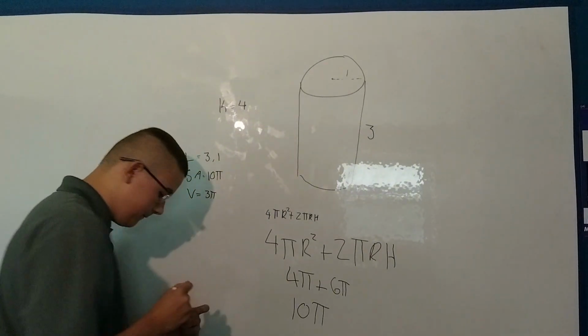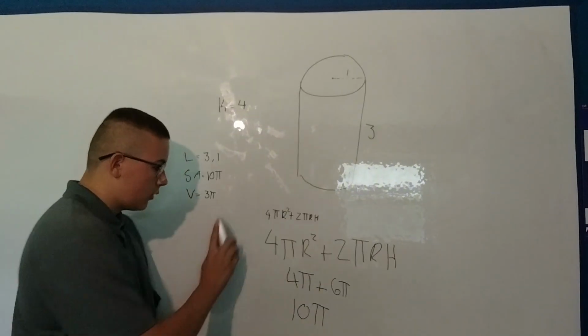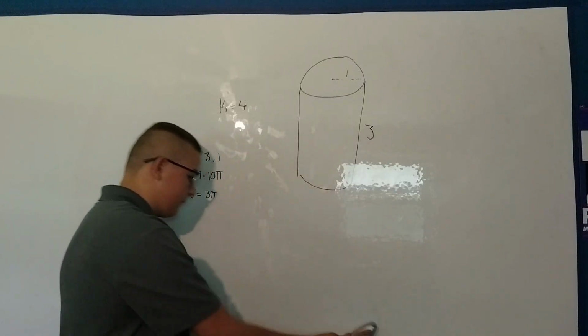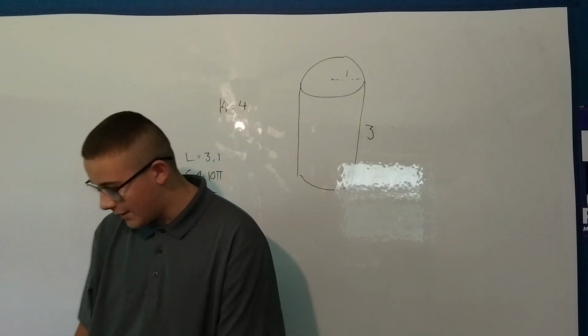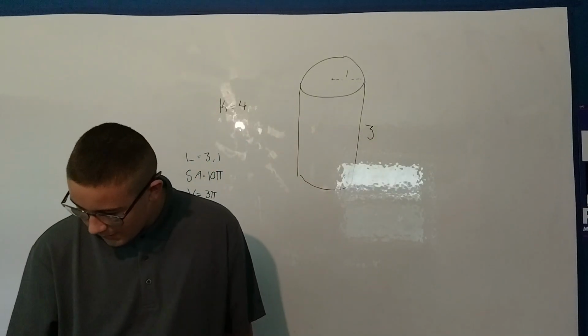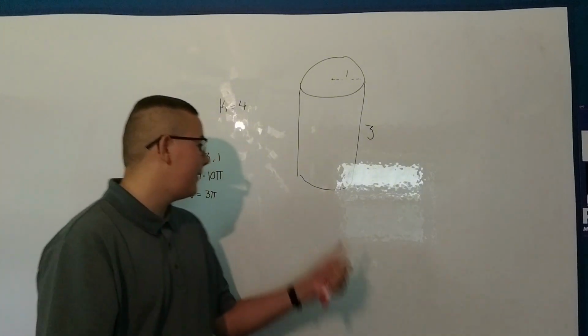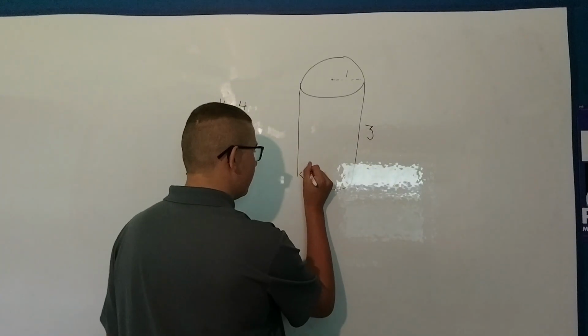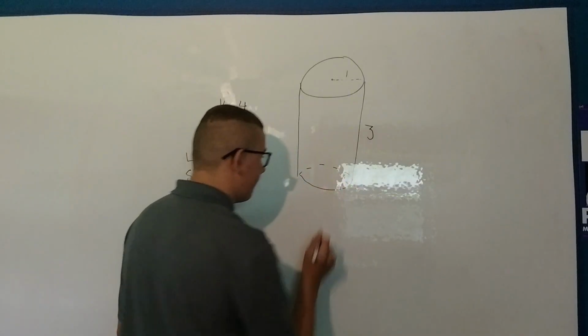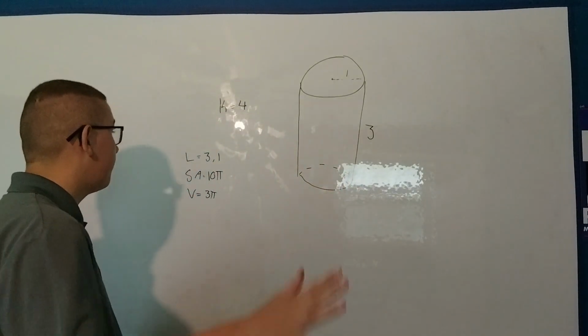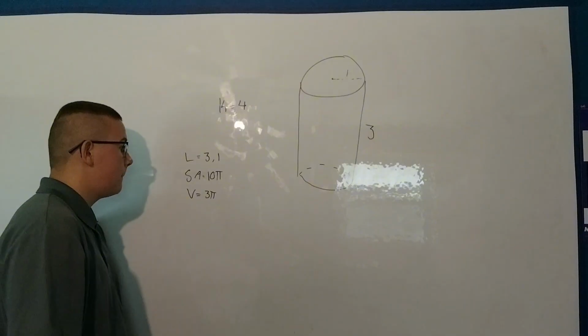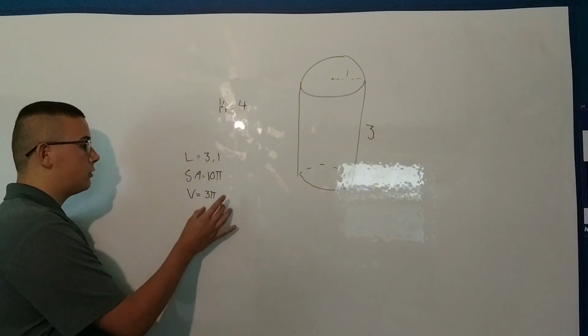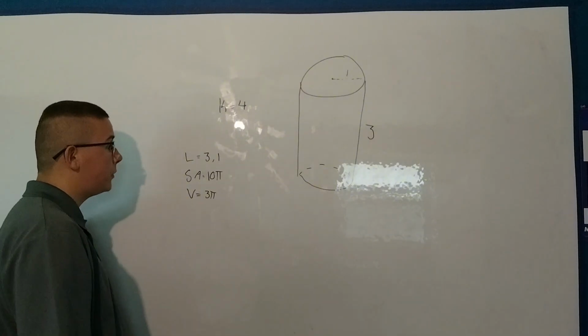Let me erase this word here. I wrote it incorrectly. I did the math incorrectly on here. I don't think I accounted for the bottom circle here on the cylinder, but doesn't matter. So now we have our initial values, and we can just multiply by 4 up here.